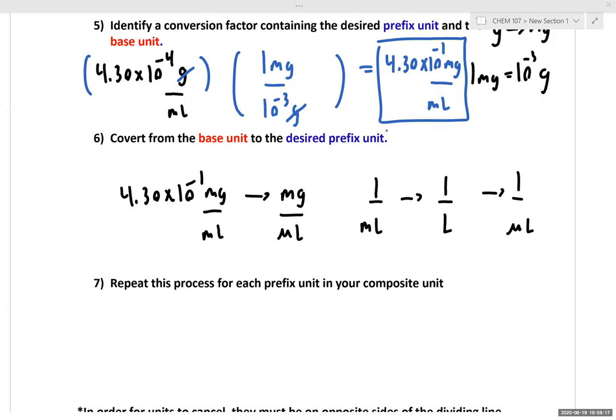The one thing I'd like you all to keep in mind is that because milliliters is in the denominator, we're converting 1 over milliliters into 1 over microliters.